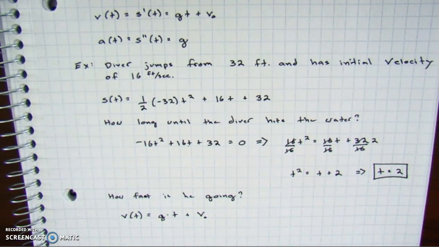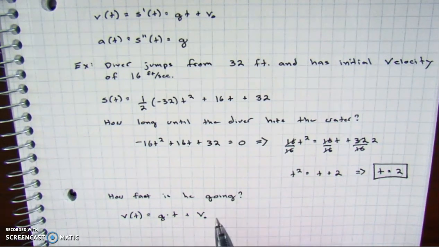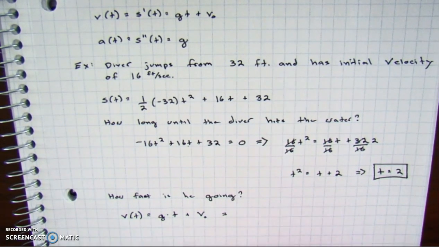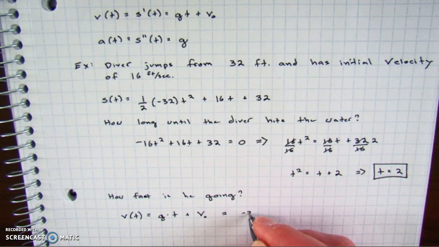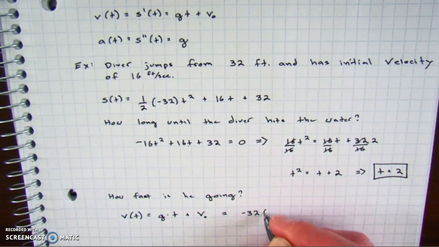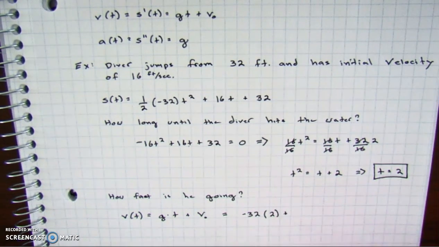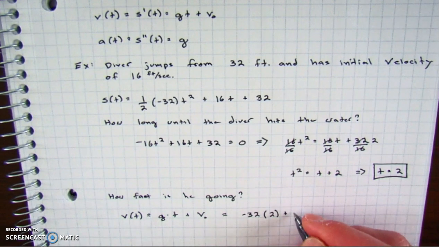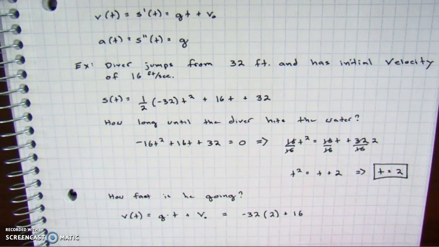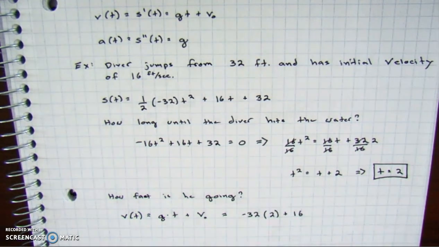All right. Well, let's go ahead and throw in the things that we know. So this equals negative 32 times 2 plus, what was our v naught, 16? All right, so we get out our handy dandy calculator.